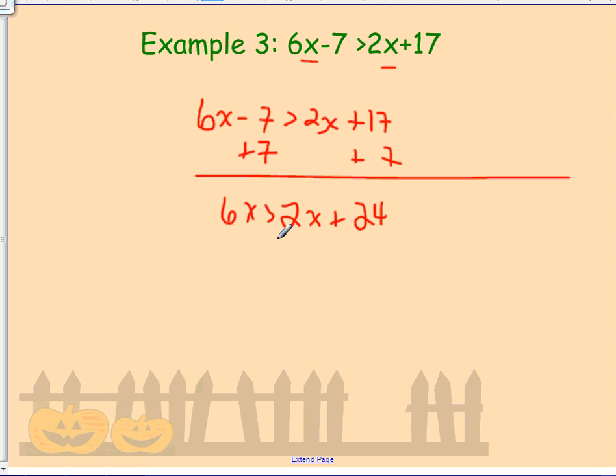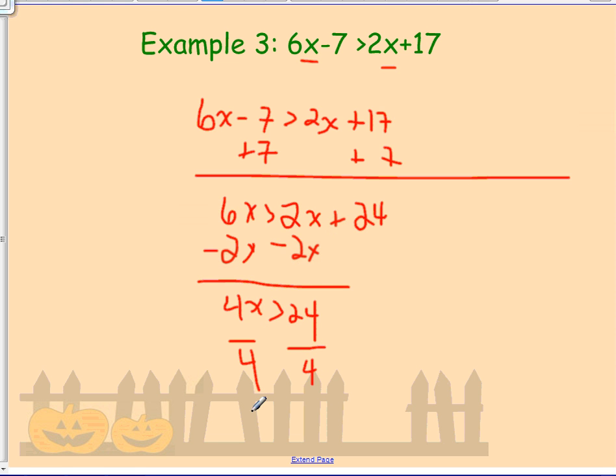I now need to get rid of this 2x on this side. Because it's a positive number, I'm going to subtract, because you do the opposite. So then I'm going to have 4x is greater than 24. Divide because that's the inverse, and x is going to be greater than 6.